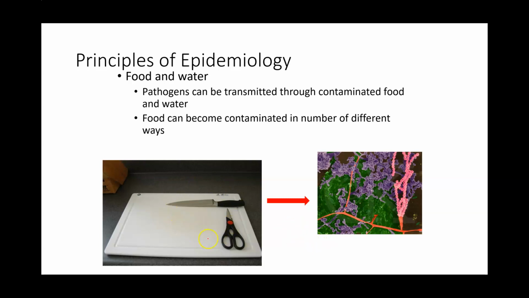And what that means is when you cut up, say, your lettuce for your salad, you're now going to have these pathogens on the salad, and salad doesn't get cooked, so you're going to get sick.